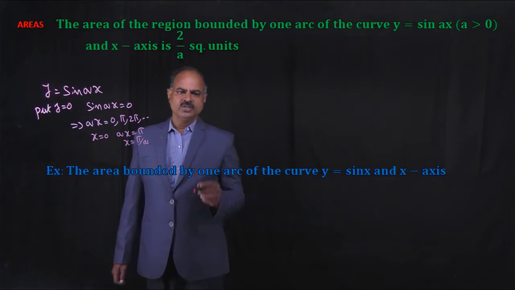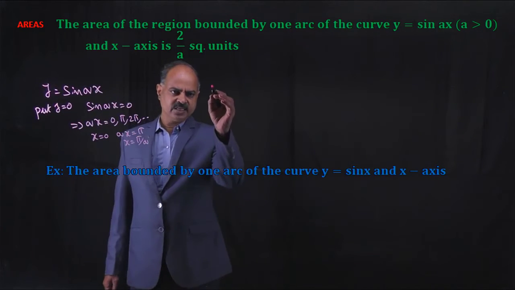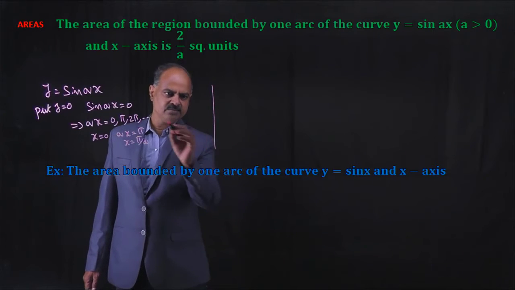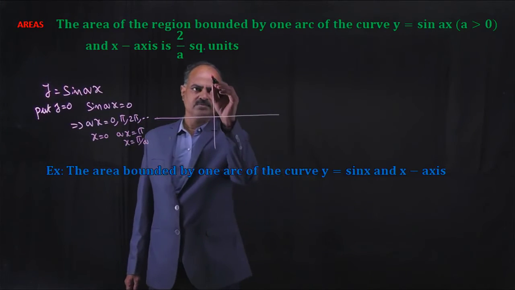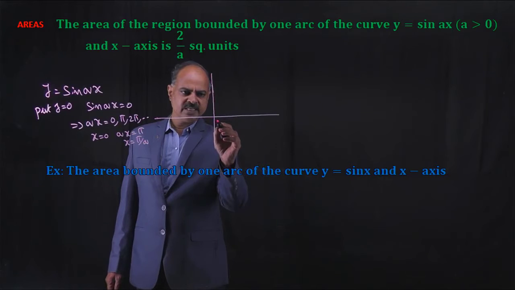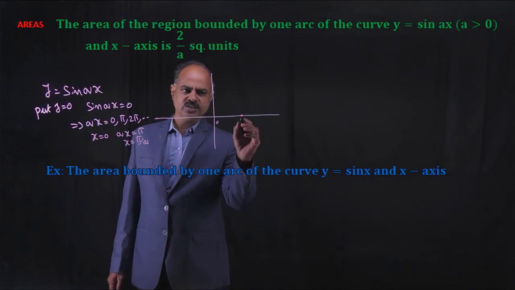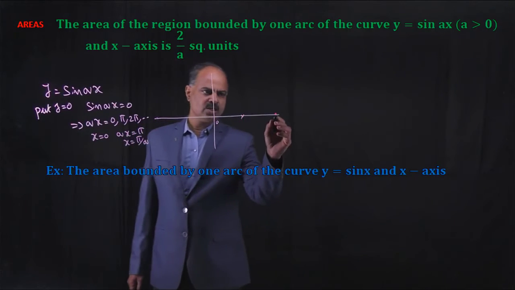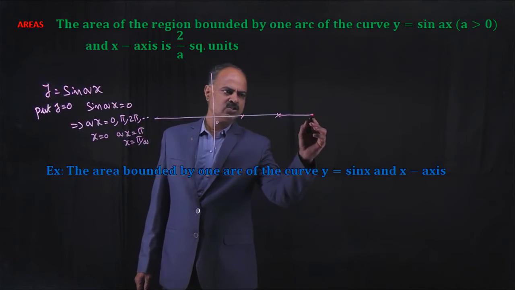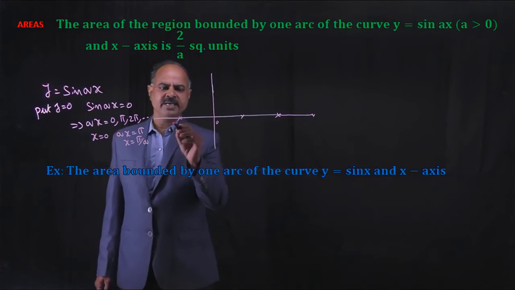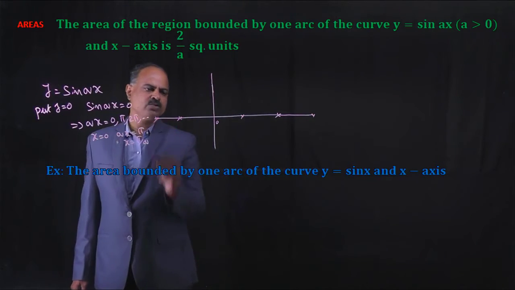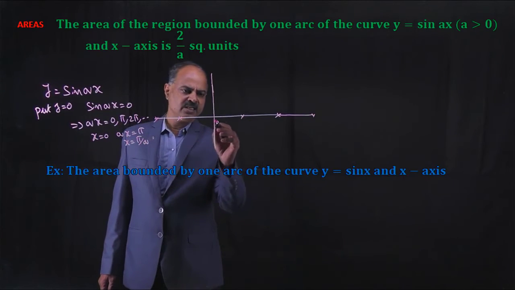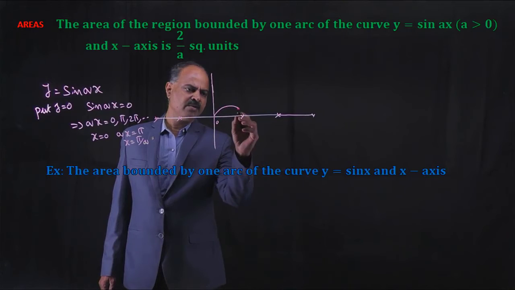Now, the curve y equal to sin ax: sin 0 equal to 0. So this is pi by a, this is 2 pi by a and so on. So this is minus pi by a, this is minus 2 pi by a. Here this is sin 0, 0. So this is sin pi by a.